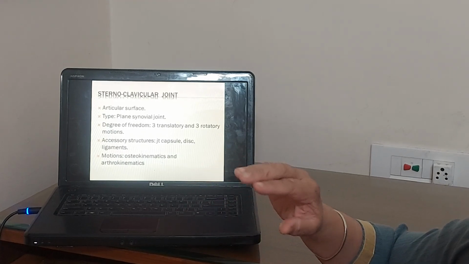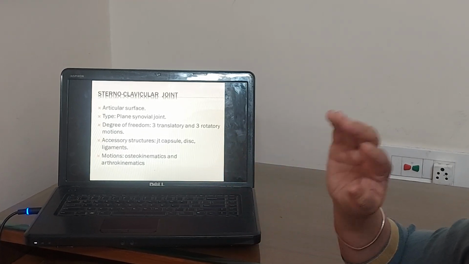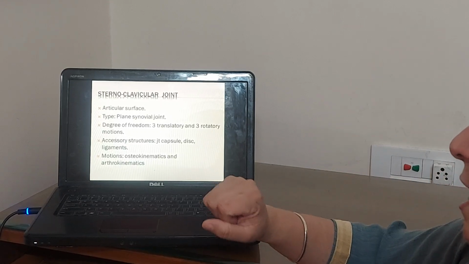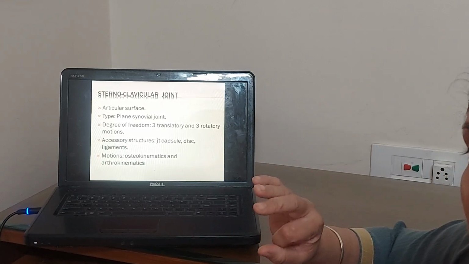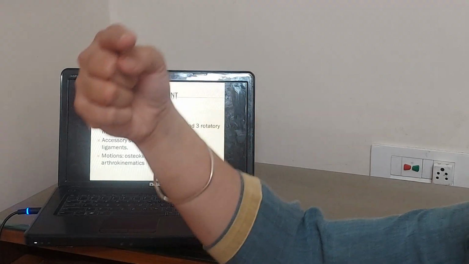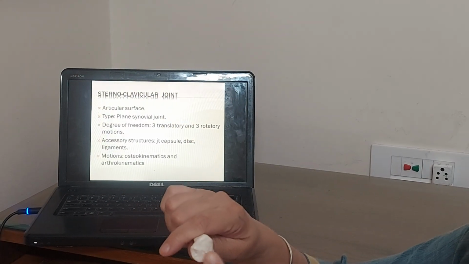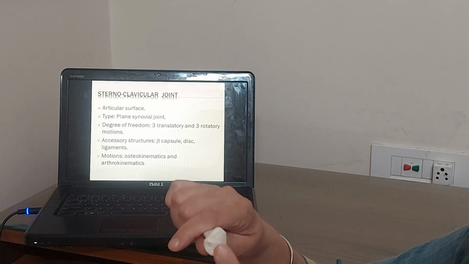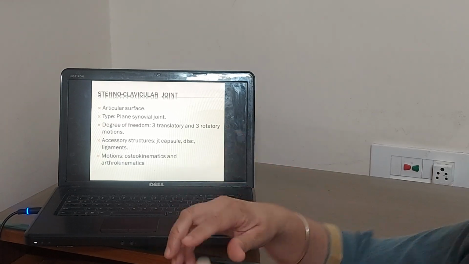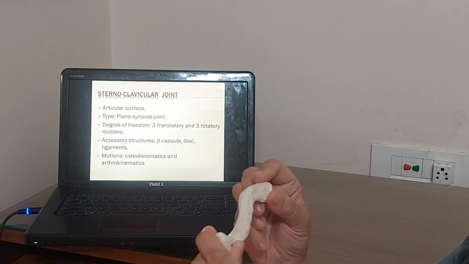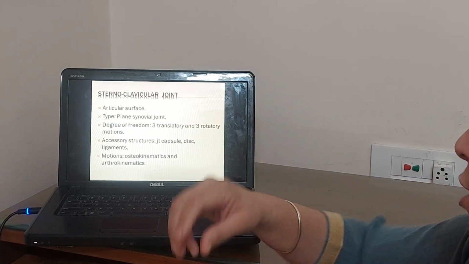Though it has a concavo-convex shape, we call it a plane synovial joint, because the concavo-convex shape is very minimal. It has 3 degrees of motion, 3 translatory and 3 rotatory. The translatory movements are anterior and posterior, superior and inferior, and medial and lateral. Rotatory movements are elevation and depression, protraction and retraction, and upward and downward rotation.